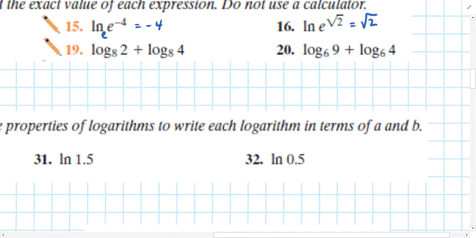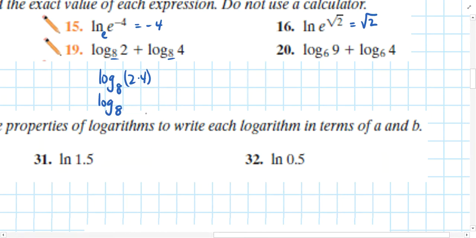For number 19, let's condense this logarithm. Log base 8 of 2, I don't know what that is, and log base 8 of 4, I don't really know what that is, but since the bases are the same, we can condense this logarithm into log base 8 of 2 times 4. Lo and behold, we've got log base 8 of 8. Well, that essentially cancels, and we know the result is 1. 8 to the first power is equal to 8.